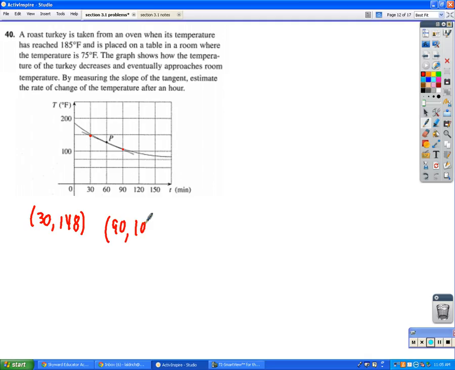Then if you go y2 minus y1, you get negative 46 divided by x2 minus x1, which is 60. So roughly negative 3/4, negative 0.75.